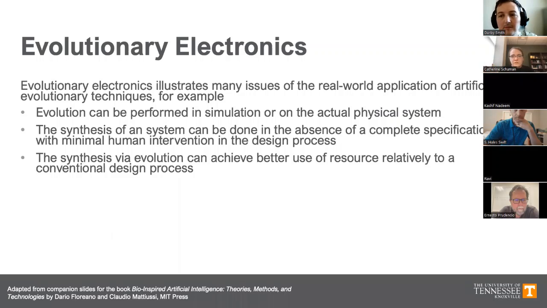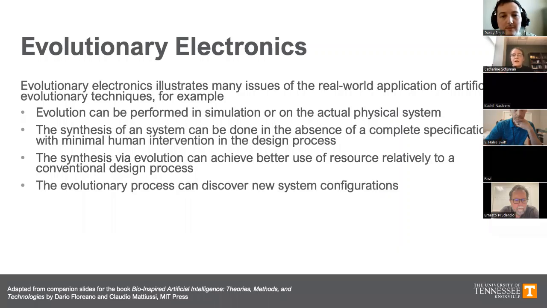You can also use evolution to come up with solutions that have a better use of resources relative to some conventional design process. Because the evolutionary process can discover entirely new ways to configure systems, to configure devices that you as the human designer may never have thought of, but that work and maybe that use the resources more efficiently.